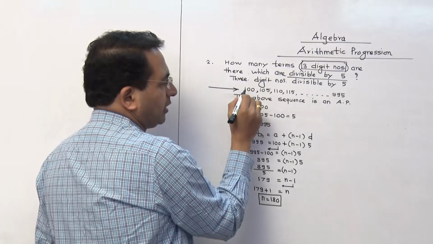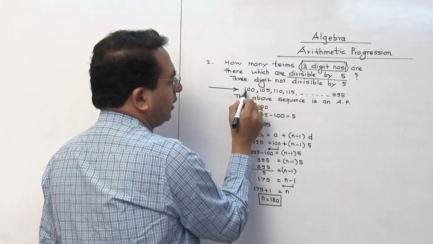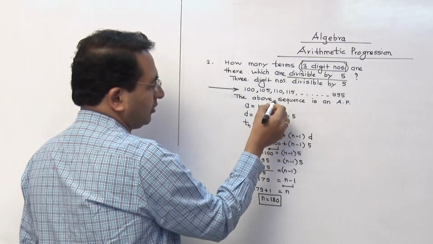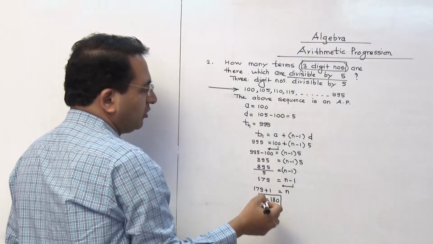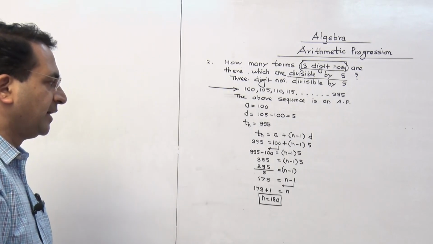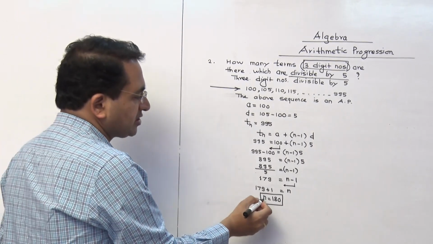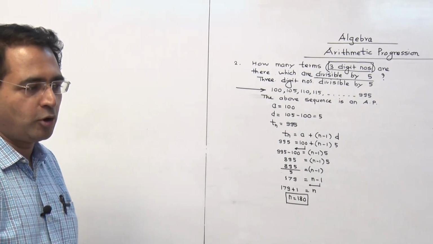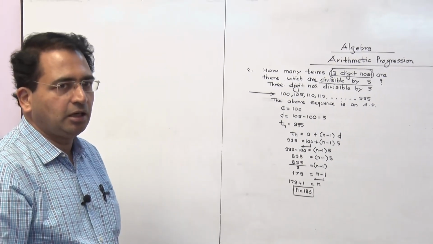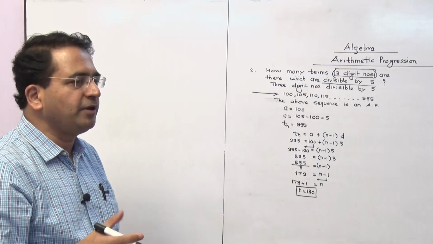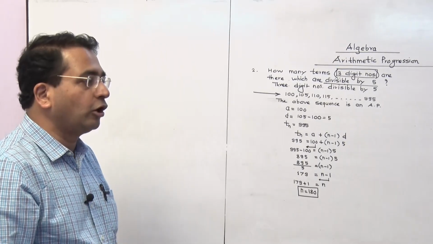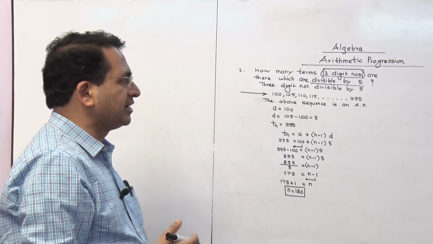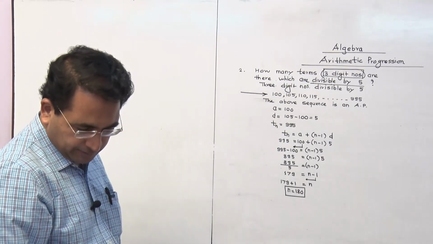If your assumptions or your sequence is proper according to the given conditions, then the calculation is easier. Remember one thing: the number you get should be a positive integral value. It cannot be a fraction. It cannot be a negative number. Such kinds of questions are also asked along with this.